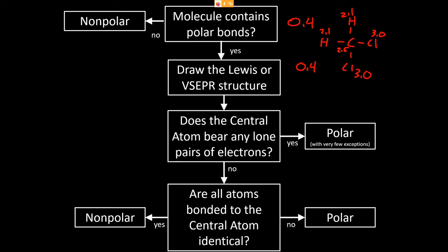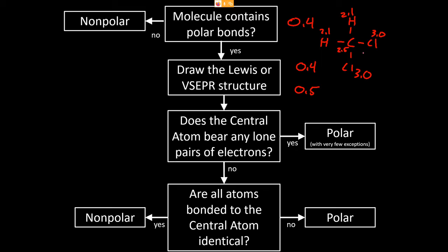So they're right on the line, but they are not polar. The carbon and chlorine bond, on the other hand, because we have 3 and 2.5, has a difference of 0.5, and so that is a polar bond.